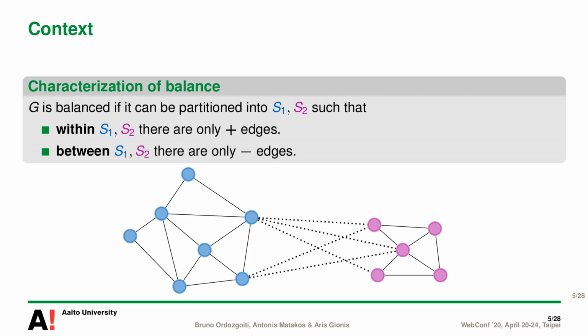We say that a graph is balanced if it can be partitioned into 2 sets of vertices, S1 and S2, such that within each of the sets there are only positive edges, and between the 2 sets there are only negative edges. So here you can see an example of a balanced graph, and you can clearly tell that this partition is indeed possible.